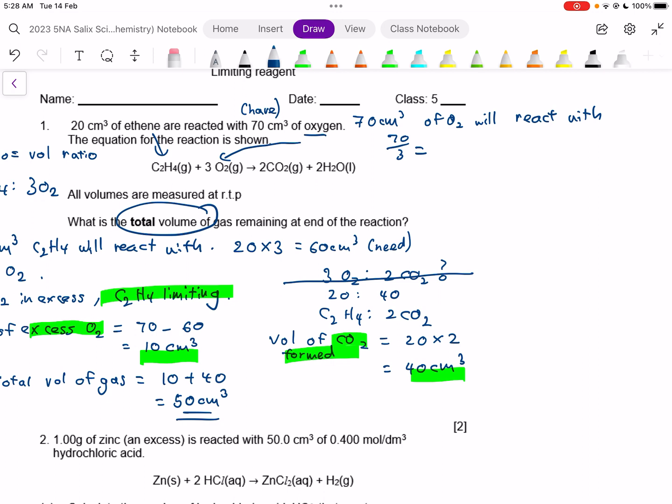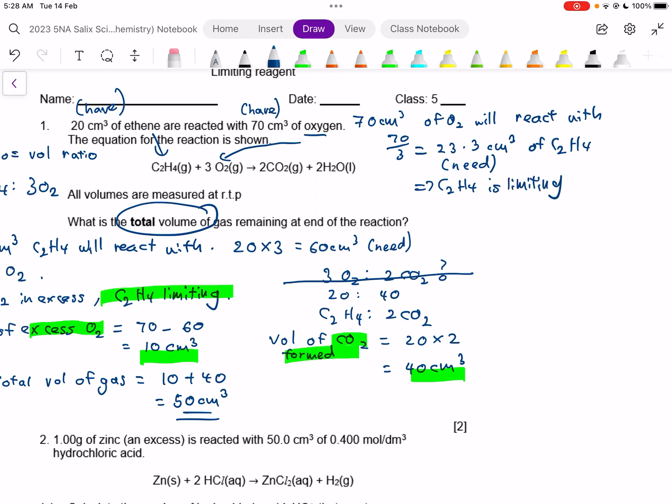Just hang on a second. That will be 23.3 cm³ of ethene. This is what you need. Compare against what you have. Not enough. Once again, we come to the conclusion that ethene is limiting.